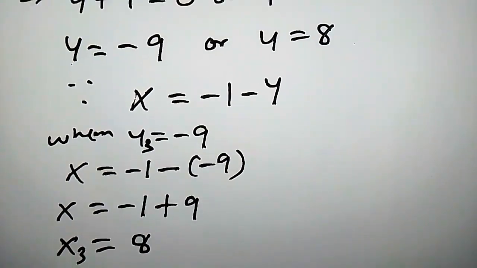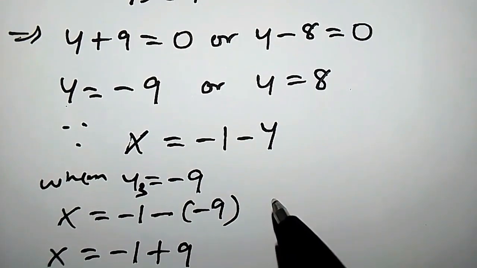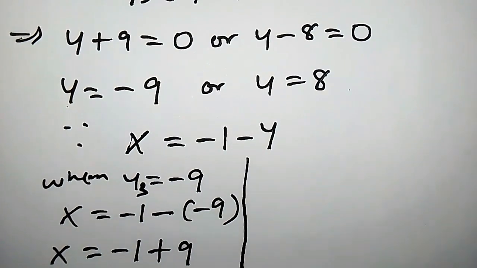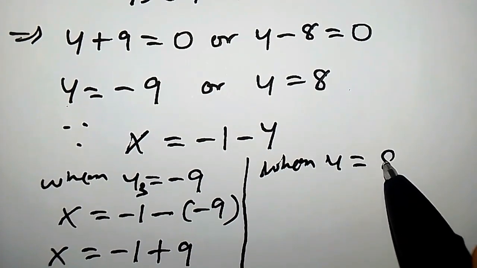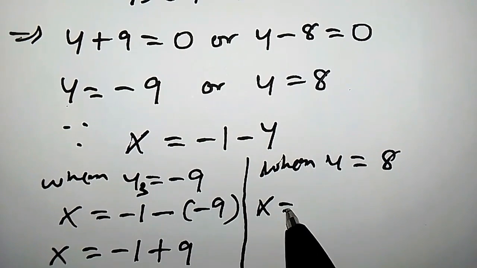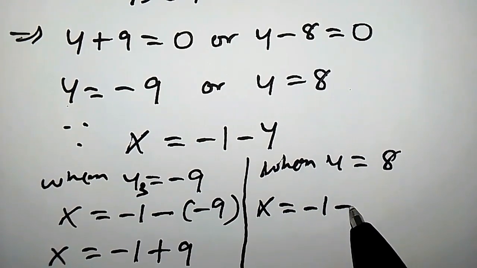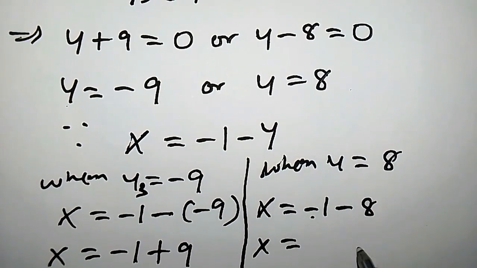So let us consider the second value, y equals 8. When y is equal to 8, this equation now becomes x equal to -1 minus 8, that is -9.